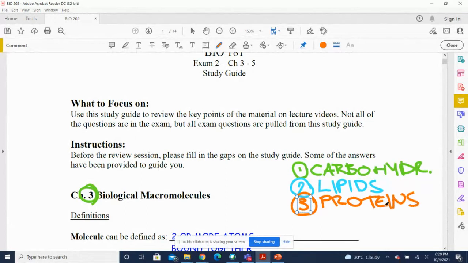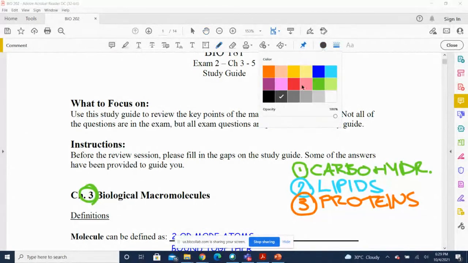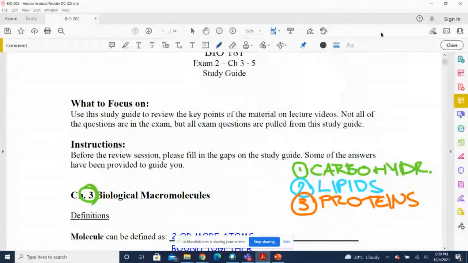And I guess the logical question to ask here would be, well, does this order matter? Why do I care that you listed it as 1, 2, 3, 4, or 1, 2, 3? The order does indeed matter. The order that we've been shown here is the order in which the body prefers to utilize these macromolecules.